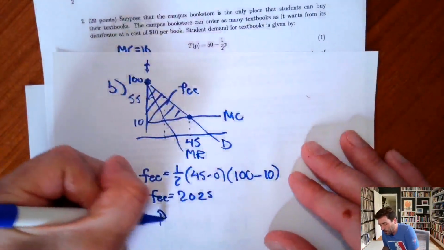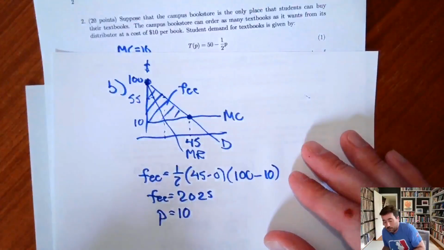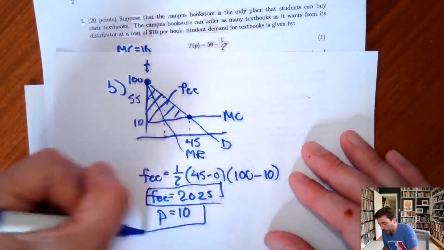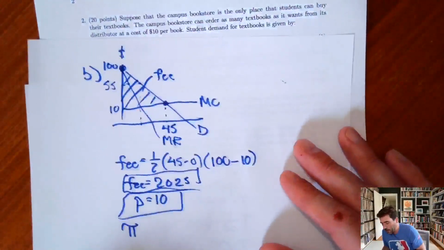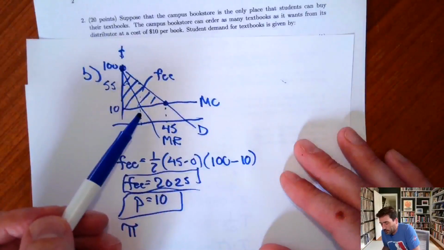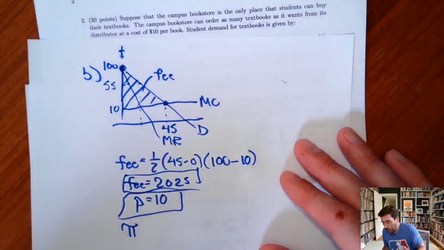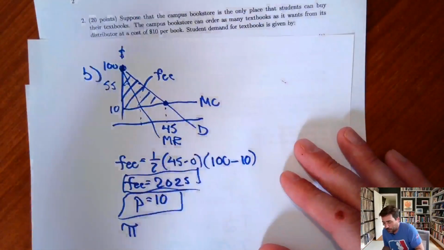My price that I'm going to charge per book, remember we said that was just going to be pricing at marginal cost, right, at our $10. So we've got my fee, I've got my price, and now I just need my profits, okay? So for profits in this situation, on our sales, every book costs us $10, every book generates $10 from our price, right? So we're breaking even there. We don't have any profits from that.